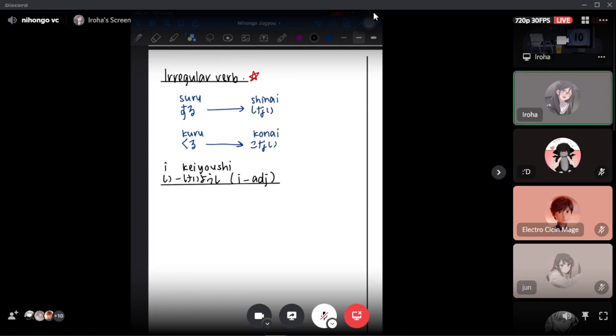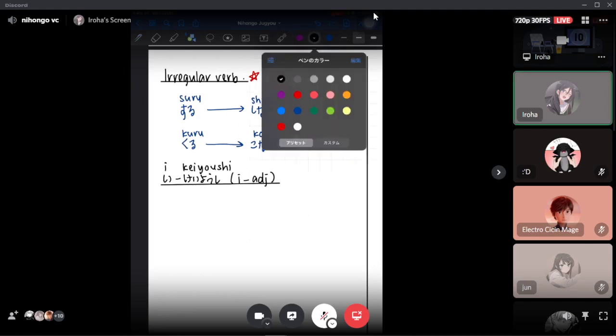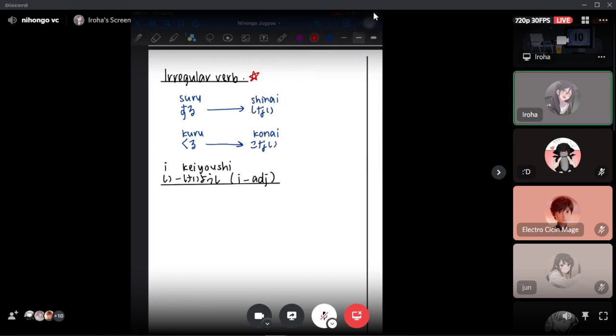For this one, the way to memorize it is basically the i at the end of the adjective, you just change it to kunai. So you change it to kunai.